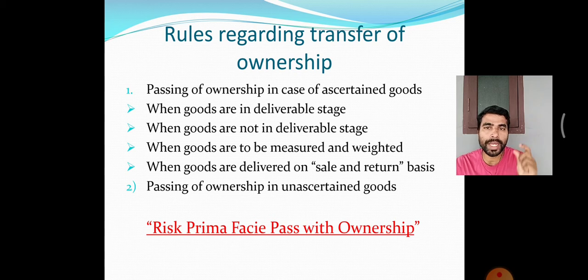The owner should make the goods ascertained and separate them from the total goods. The owner should separate the goods from the total goods and make it possible to deliver. Then only the unascertained goods' ownership will be transferred.